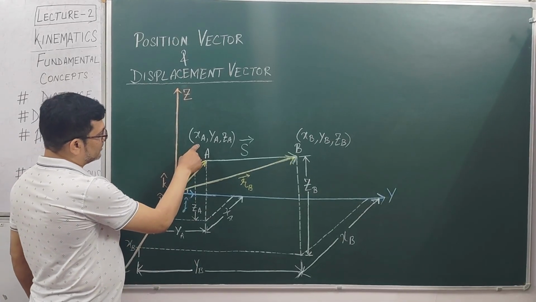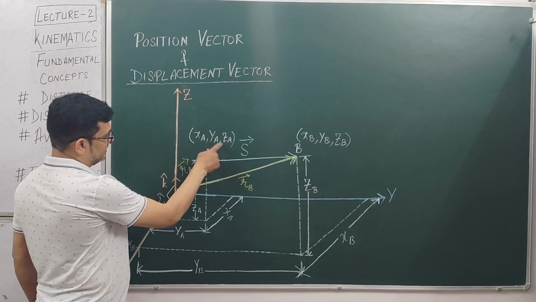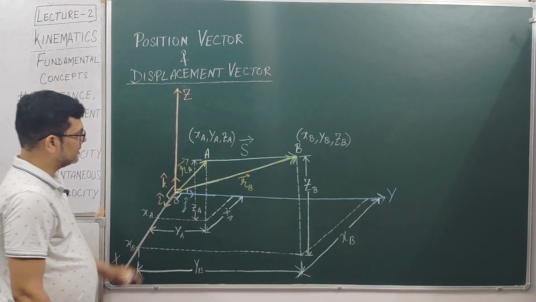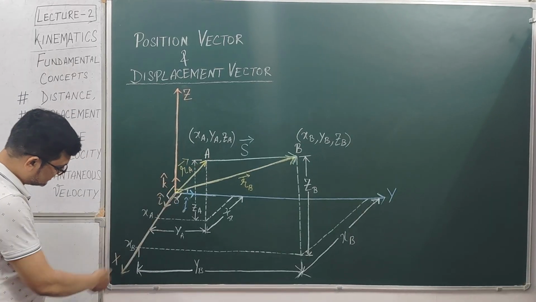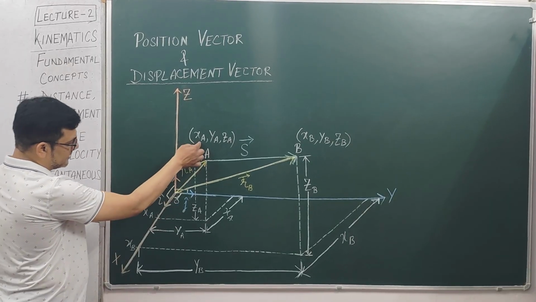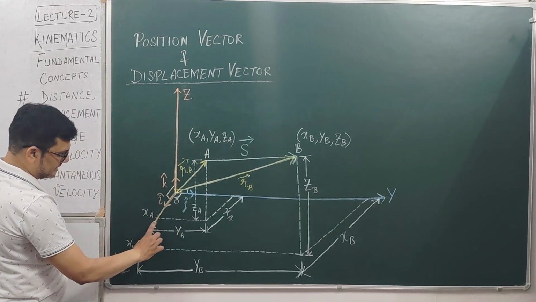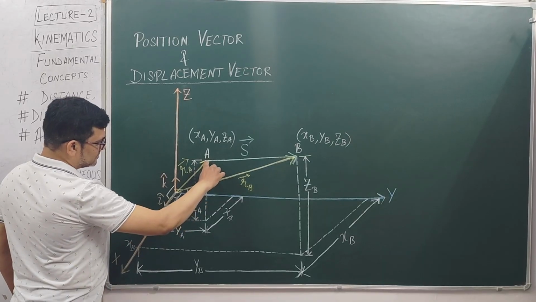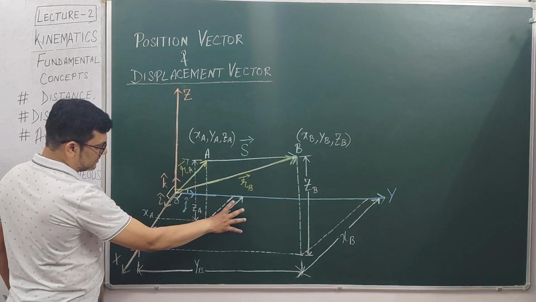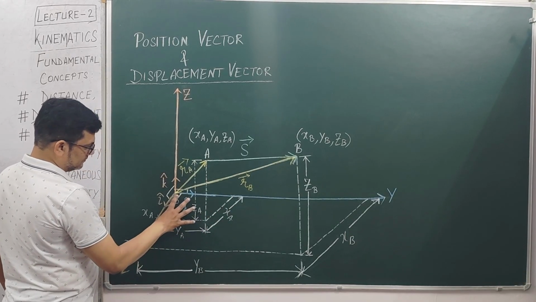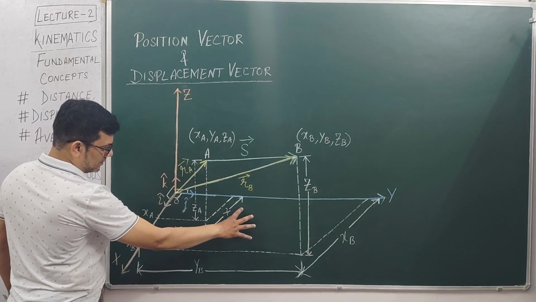And we have the location of A as XA, YA, ZA. These are the corresponding coordinates. So this XA means the distance along the x-axis. So this is A, and this is lying at what distance from the origin? This distance XA is shown here.